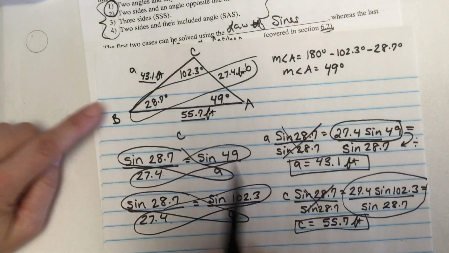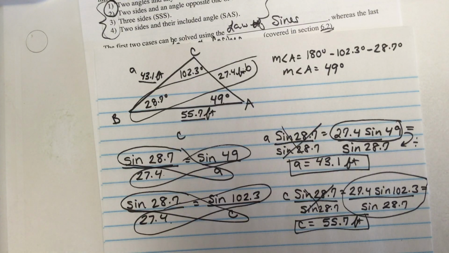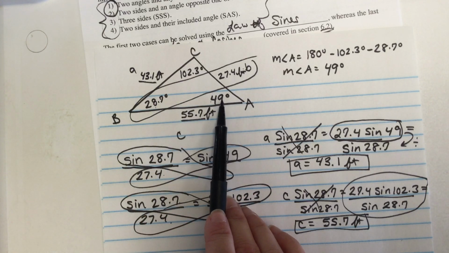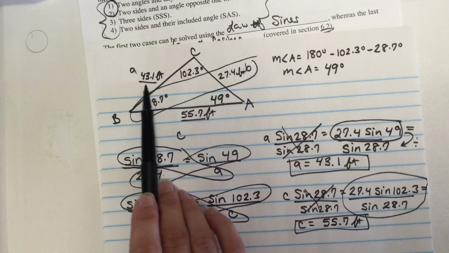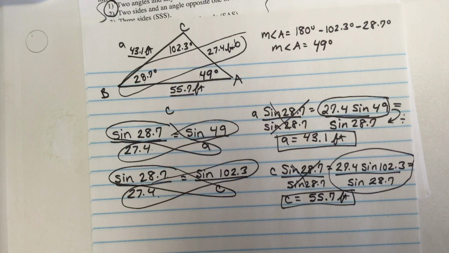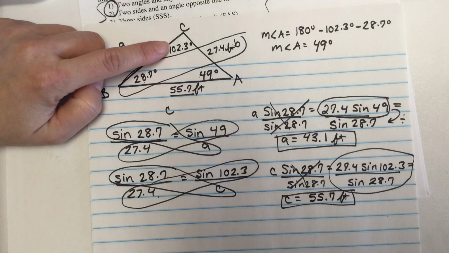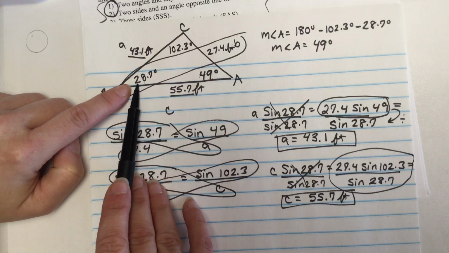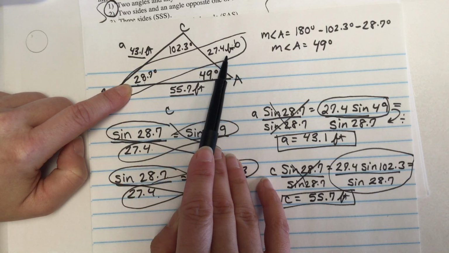So right now, this triangle is said to be solved. The reason why it's solved is because I know all three angle measures on the inside of the triangle, and I know all three side measurements on the outside of the triangle. One way to check your work: the biggest angle should always be across from the biggest side. The smallest angle should always be across from the smallest side.